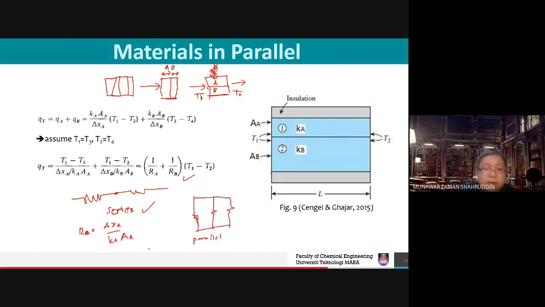You have a different A this time around, because previously you had the same A, right? Because there was the same height. But this time around, you will have the same width, but different height. At the same time the thickness, or the length, is the same, because it is in parallel.